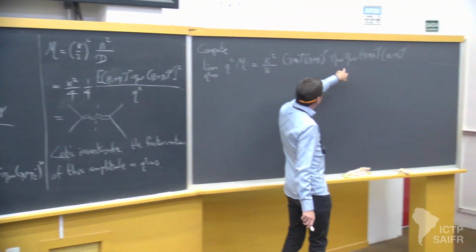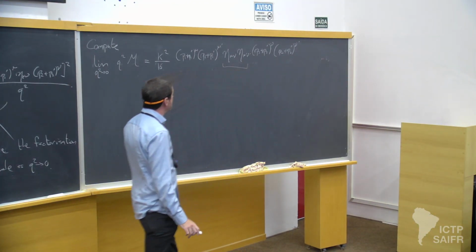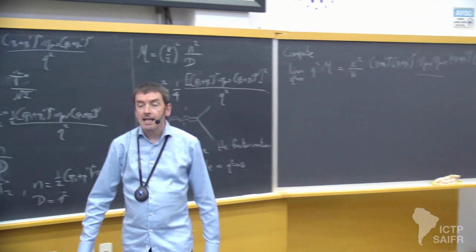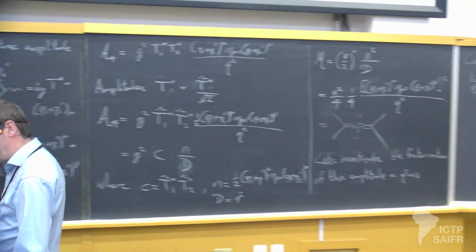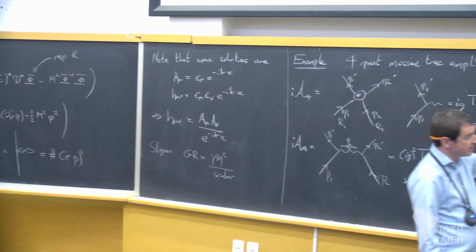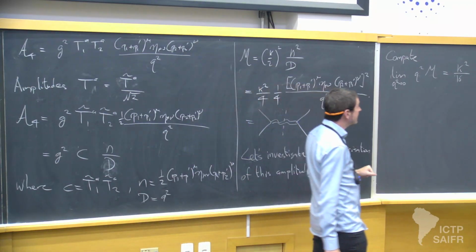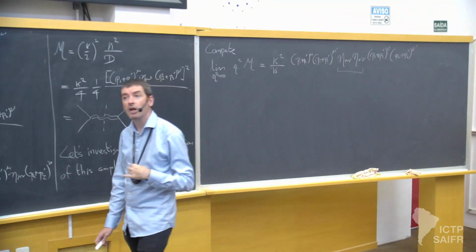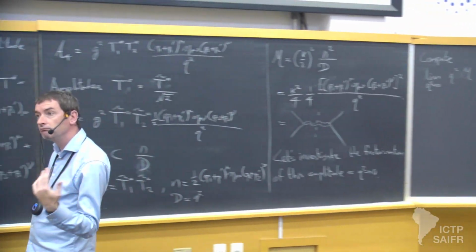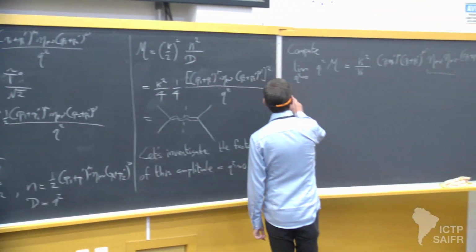Now, the thing to notice is the polarization. The issue here is that I want to know what the degrees of freedom propagating in this channel are. I'm expecting a graviton propagating in that channel.